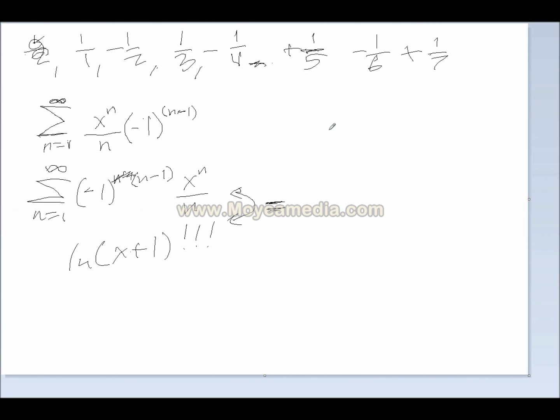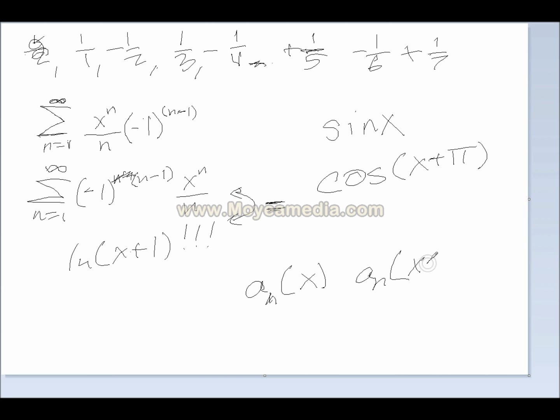Go ahead and try to do the same thing for sine of x, and then for fun, try cosine of x plus pi. Now, just a quick hint, all you're going to have to do for that is instead of making it a sub some number times x, you're going to make it a sub some number times x plus pi.